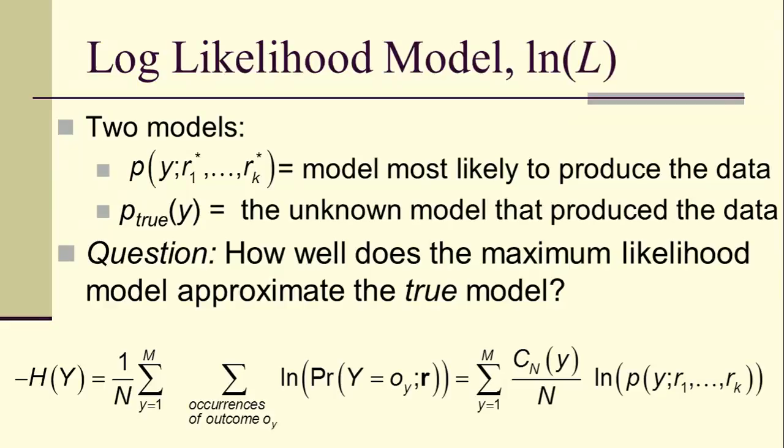So we can actually sum over the occurrences of outcome O sub y, and if we take the negative entropy as 1 over n times the sum, y equals 1 to n, of the log of the probability y is equal to O sub y given parameters r, then that's actually going to be the sum, y equals 1 to m, of c sub n of y over n, because that sum over the occurrences just counts the number of times that logarithm occurs.